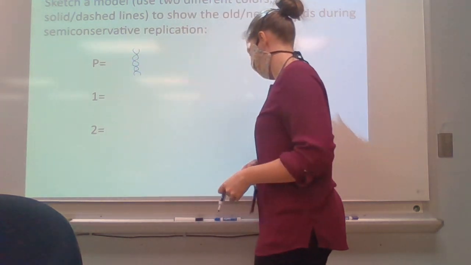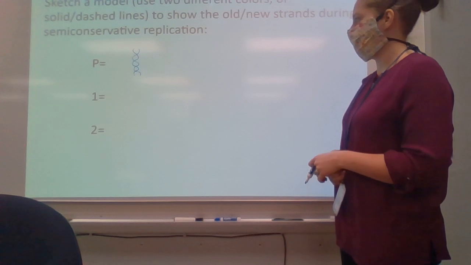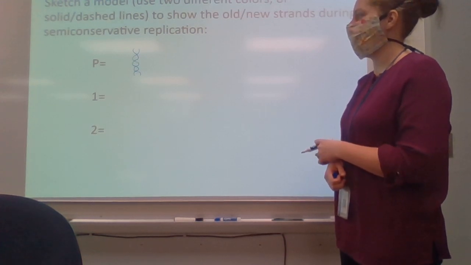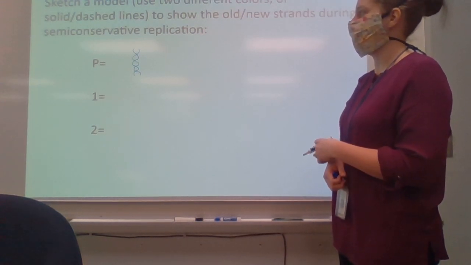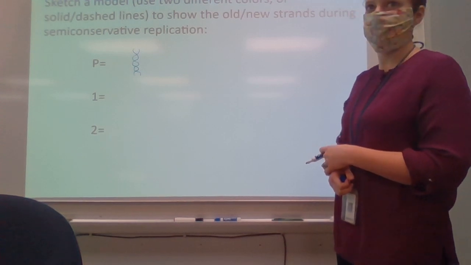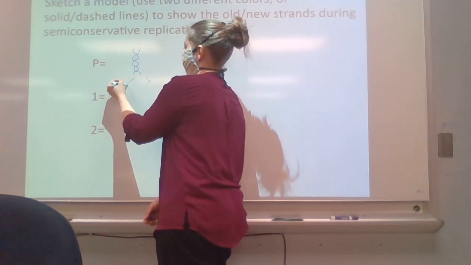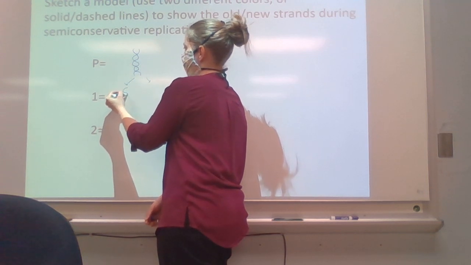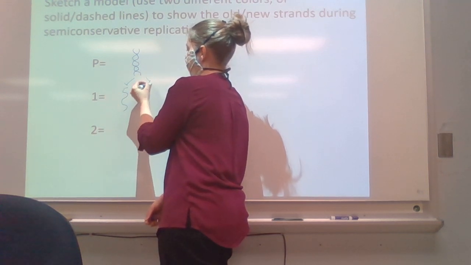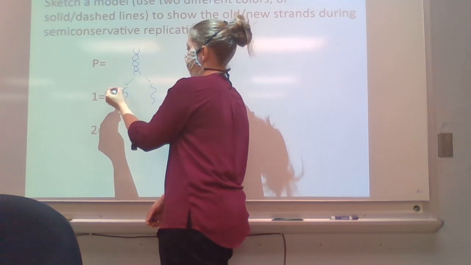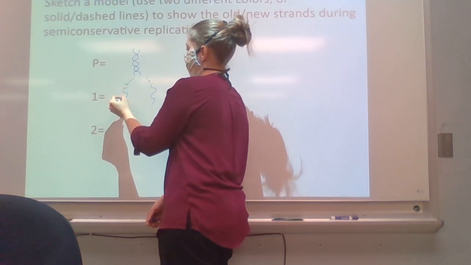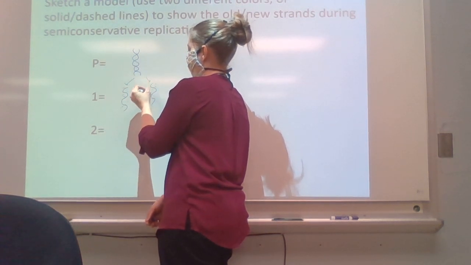So there's my parent DNA. When that replicates, each one of those strands is going to act as the template for the new one, right? So half of the molecule is going to be that original strand, and the other half is going to be the new strand.